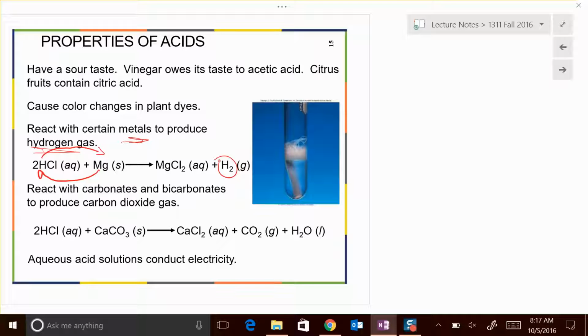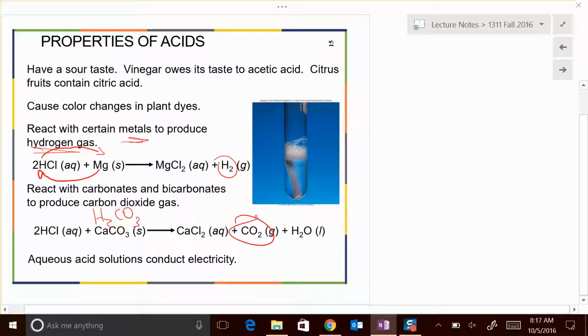And acids react with carbonates and bicarbonates to produce carbon dioxide. Okay? So here we see acid plus this calcium carbonate produces calcium chloride, and this carbonate, the CO3, would actually produce H2CO3, carbonic acid, which would then decompose into carbon dioxide and water, and you produce carbon dioxide gas.